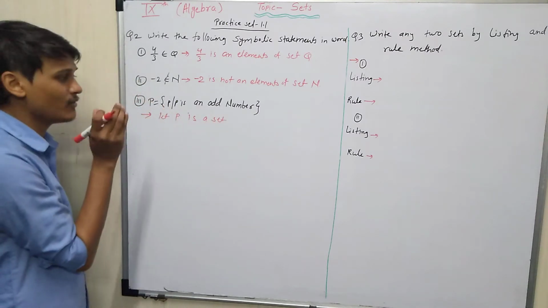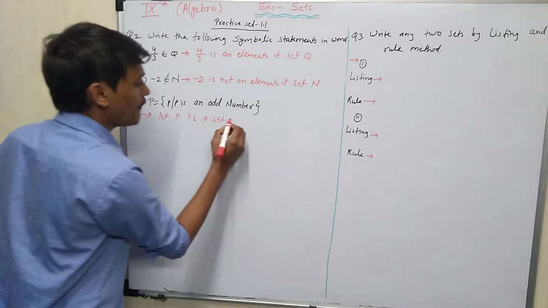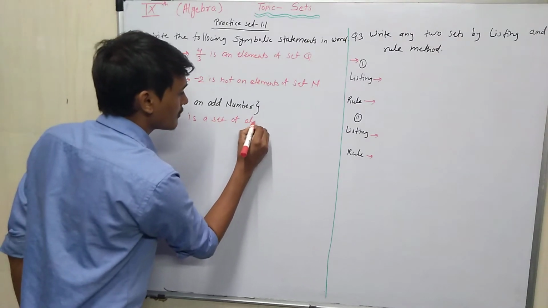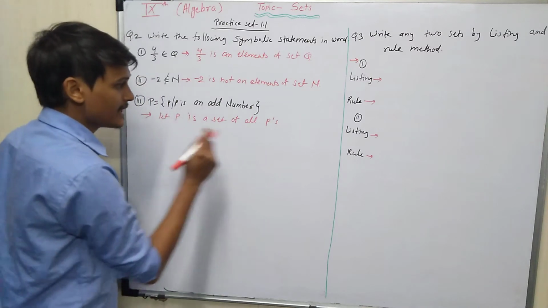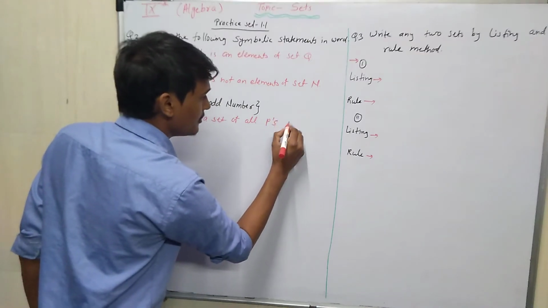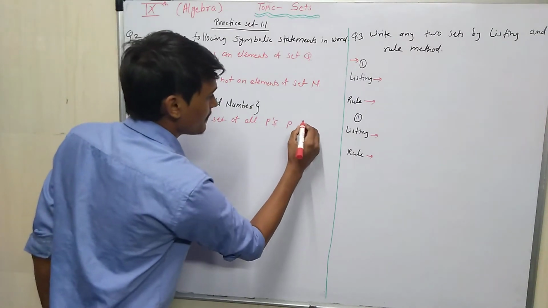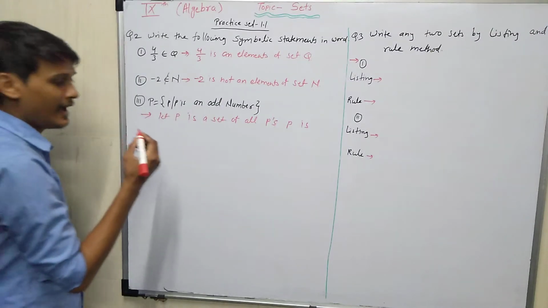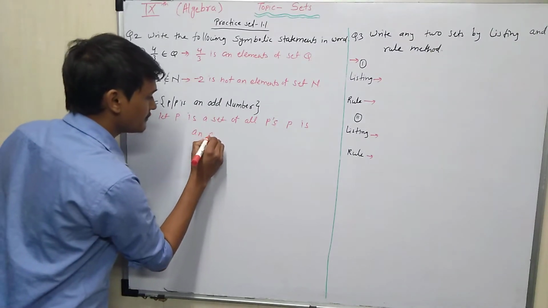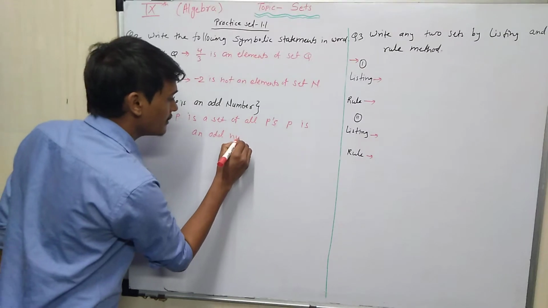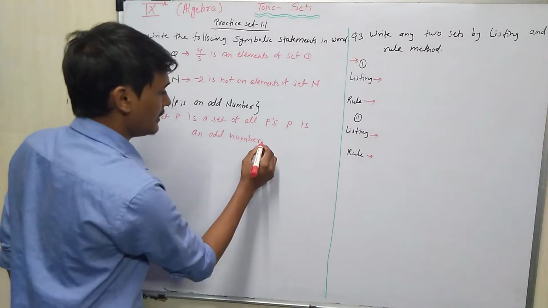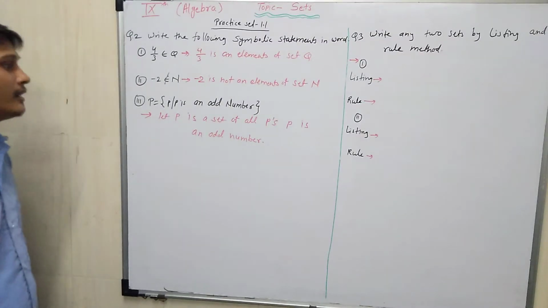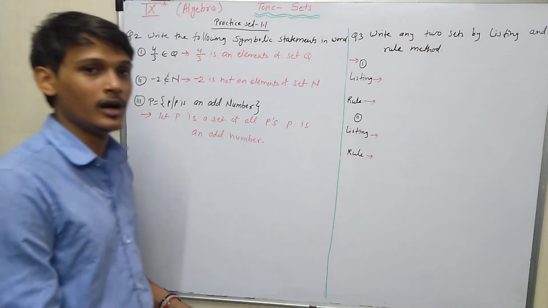P is a set of all p such that p is an odd number. Clear? Okay. Next question is question number three.